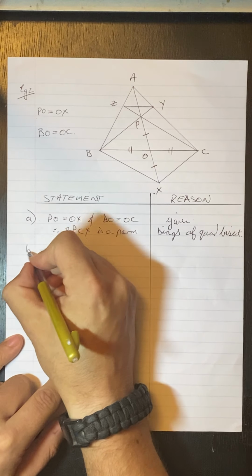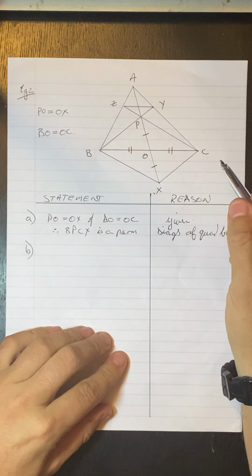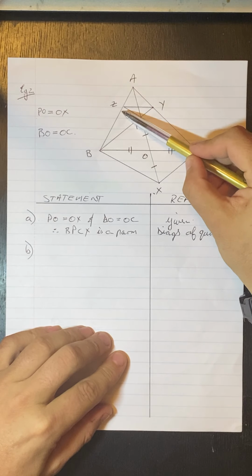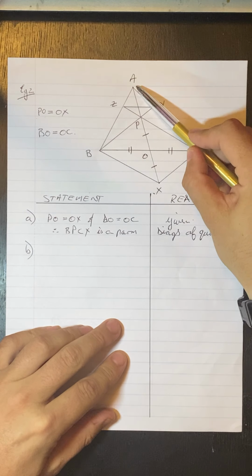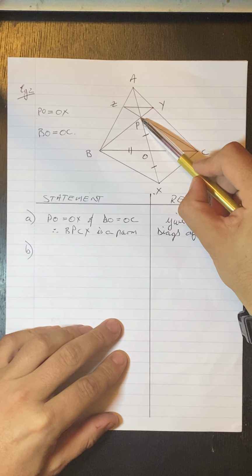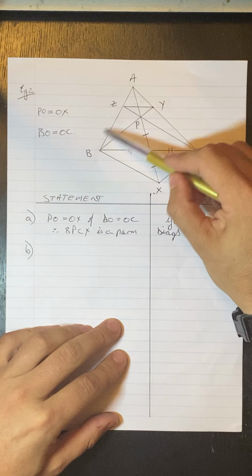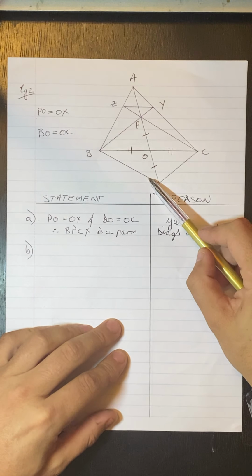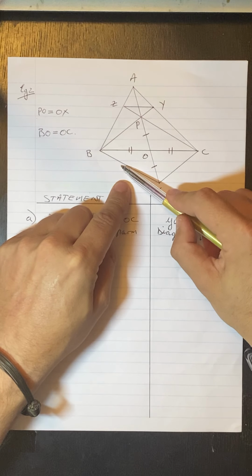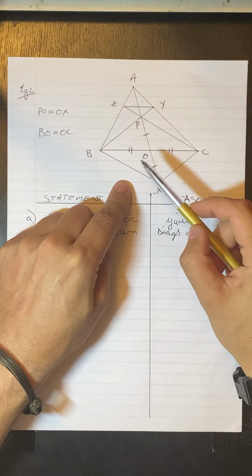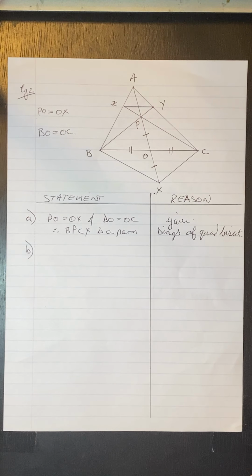Then question B. Question B is asking us to prove that AZ to ZB is equal to AP to PX. So how would I do that? If this line is parallel to this one, then we have that in proportion. But we already know which lines are parallel because we have a parallelogram.